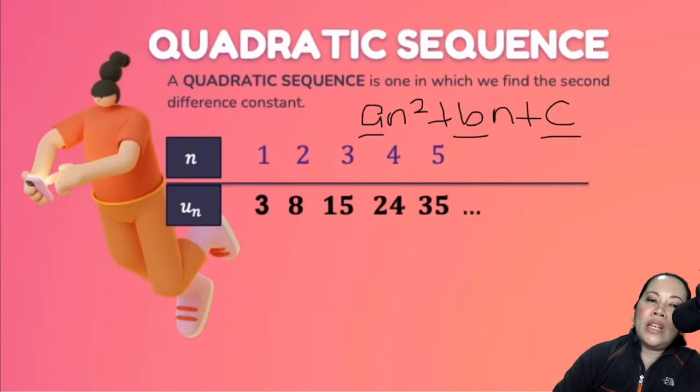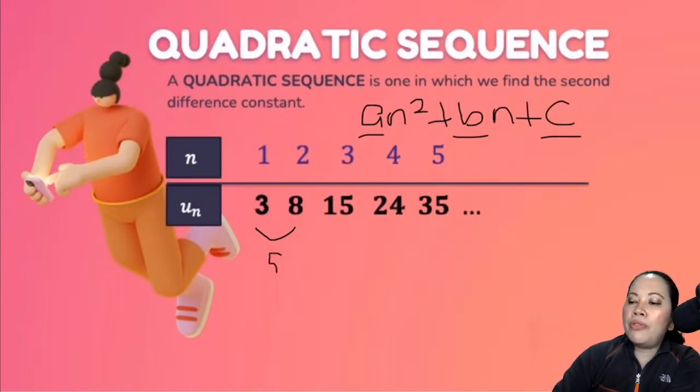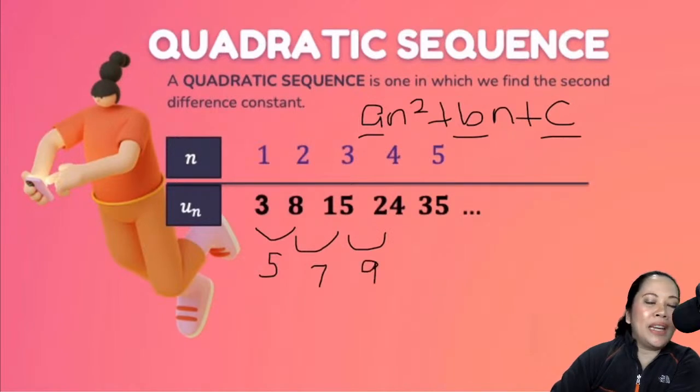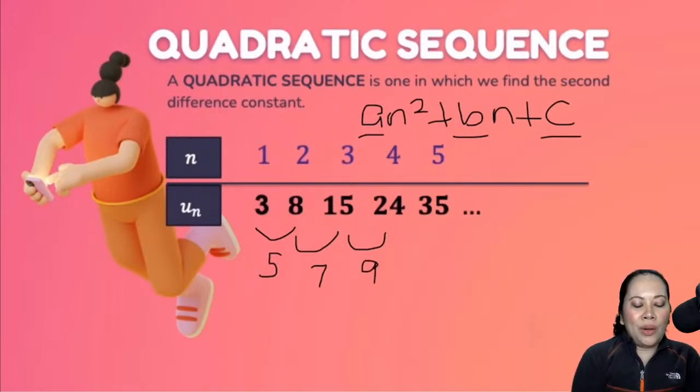The first thing to do is subtract. So 8 minus 3 is 5, 15 minus 8 is 7, 24 minus 15 is 9, and so on and so forth.